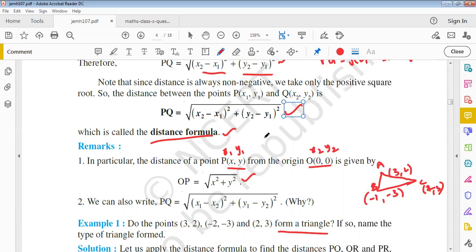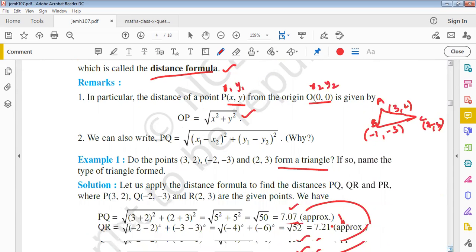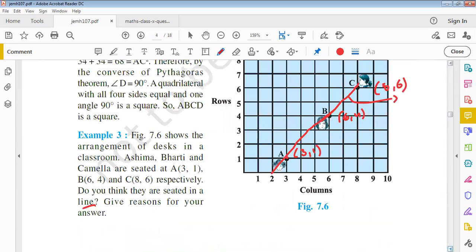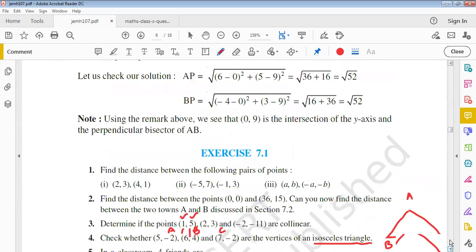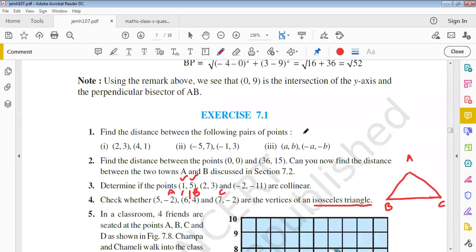There are only 4 or 5 models. If you learn these problems model-wise, then it is very easy. And at last, I would like to tell you one thing. In the board exam, they will concentrate on questions where points lie on the x-axis, or on the y-axis, or this type of model, or diagram-type questions, and collinear concepts.